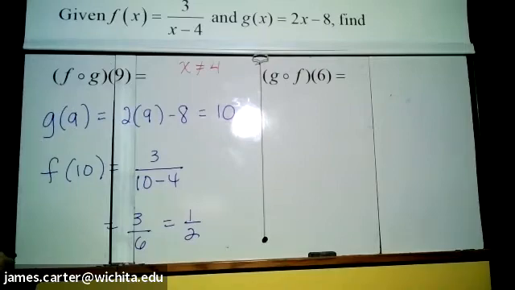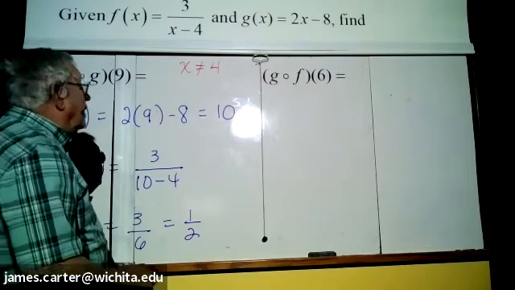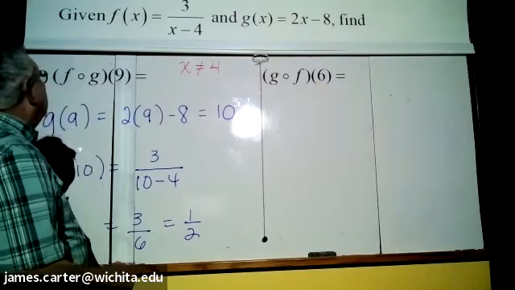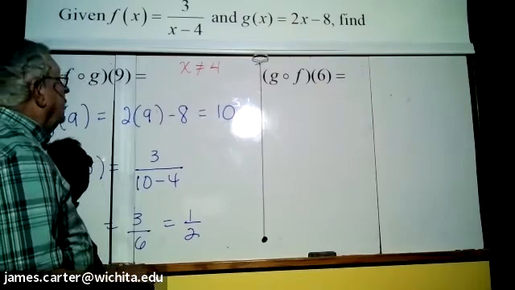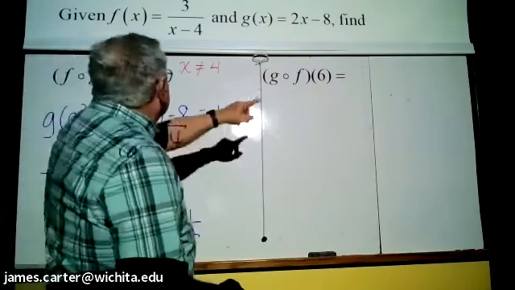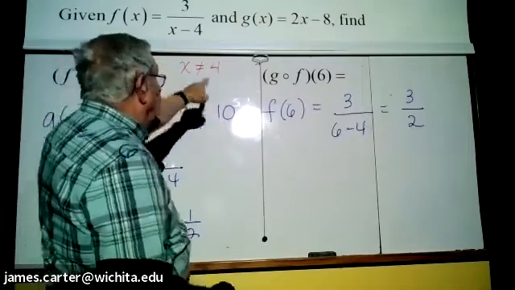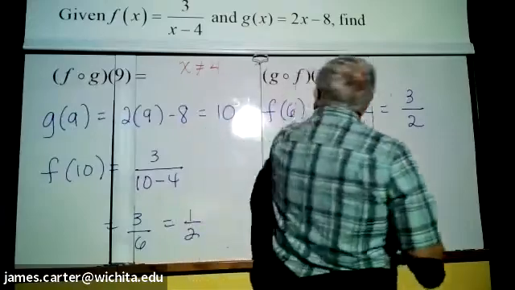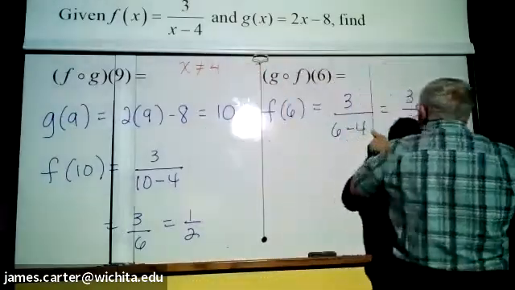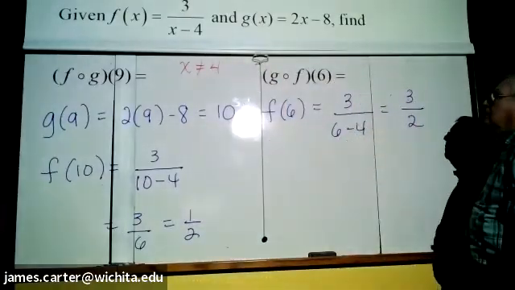Okay, now we're going to do it the other way. We're going to take f of 6 and compose it into g. Notice we always go right to left on these. So we take the 6 and we substitute it into the f equation here, and we get 3/2.